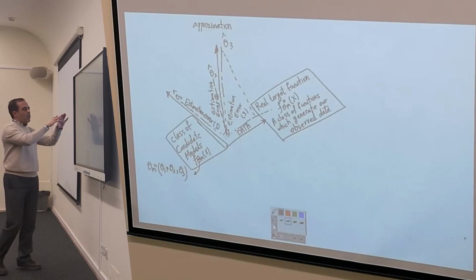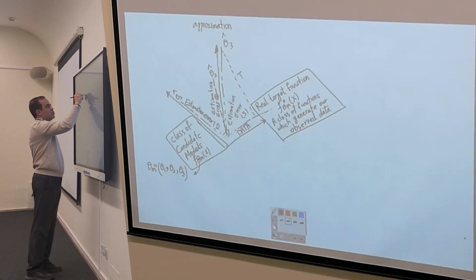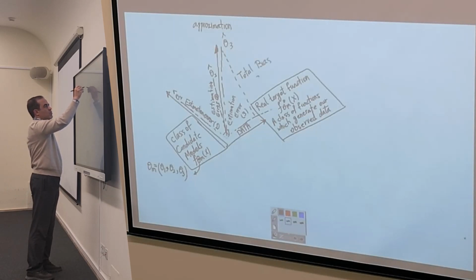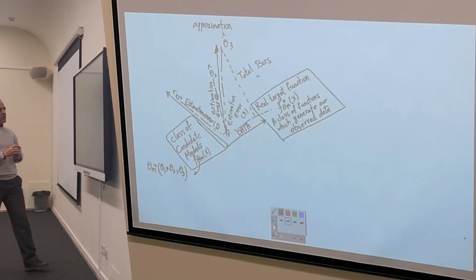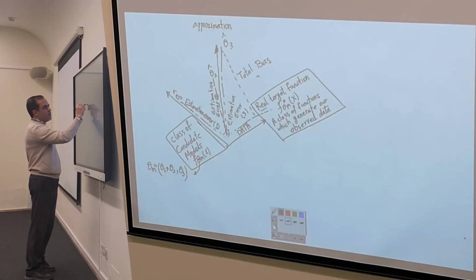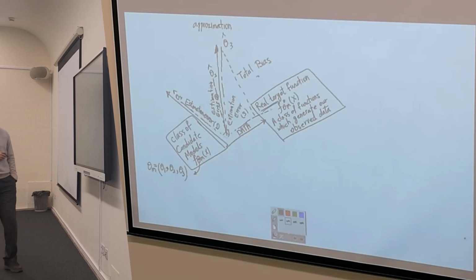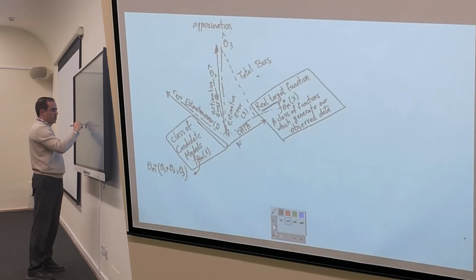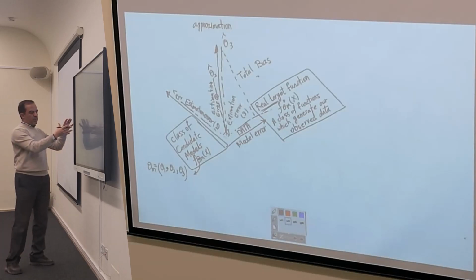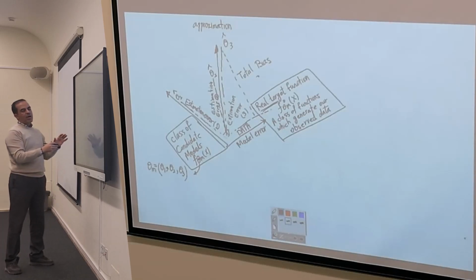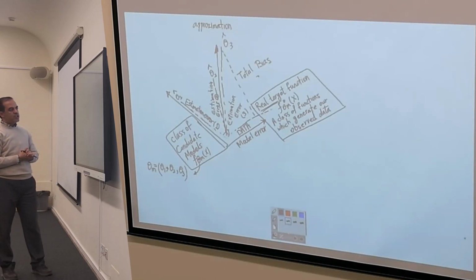And finally, from all of these, I can have a total bias. That is the distance of my estimated model to the real target function that I have here. Okay, so we can have a model error. That is the distance from the class of candidate models that might fit this real target function to the target function that I have here.